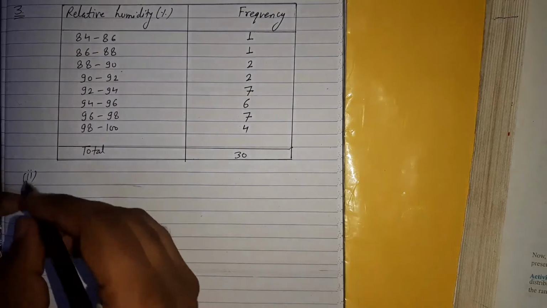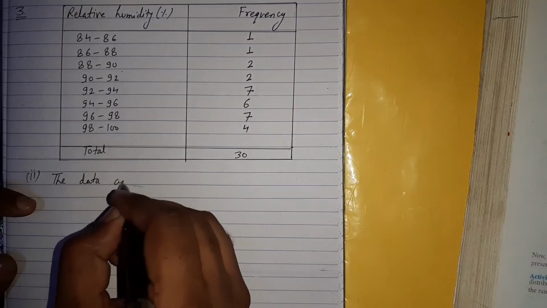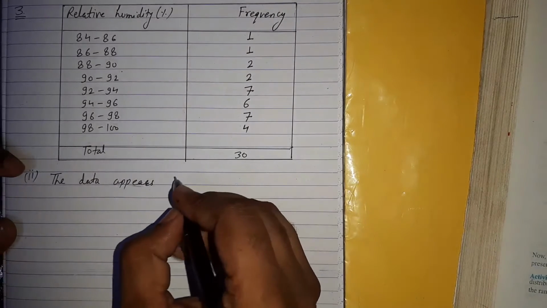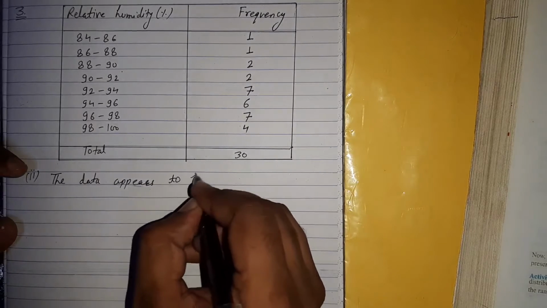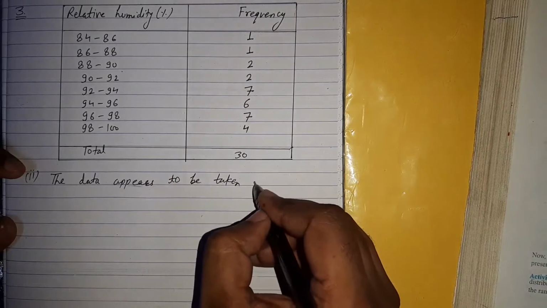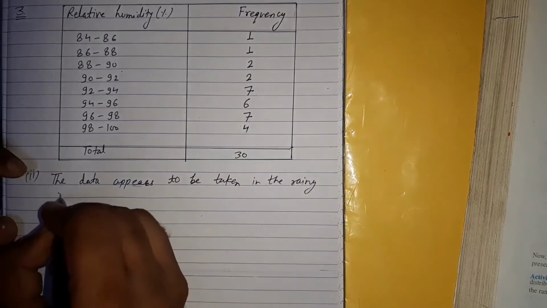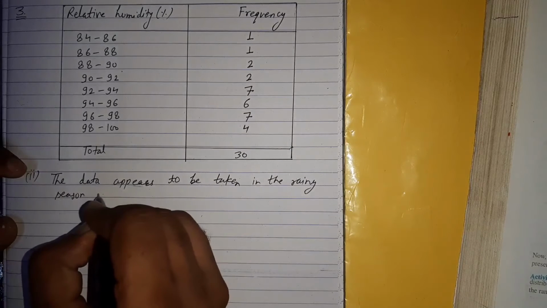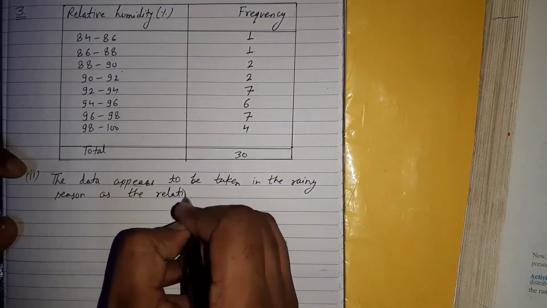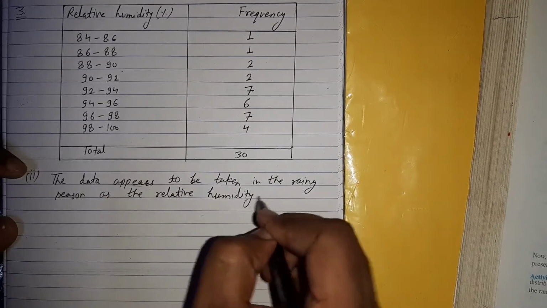So you can write here: the data appears to be taken in the rainy season, as the relative humidity is high.